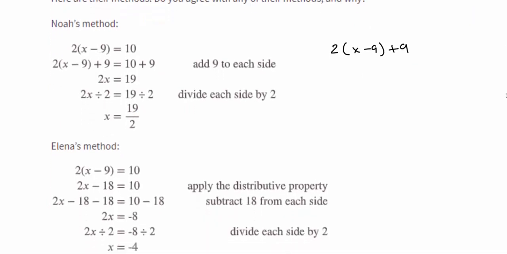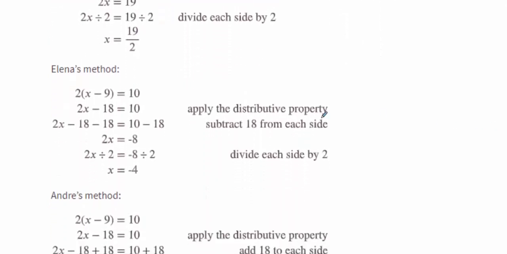So let's look at Elena's method. What Elena did is she used the distributive property first, 2 times the quantity of x minus 9. So she did 2 times x to get 2x minus 2 times 9 is 18. So that looks okay.